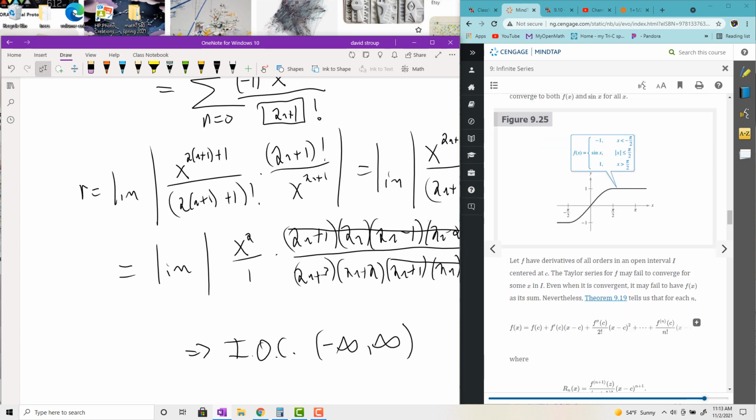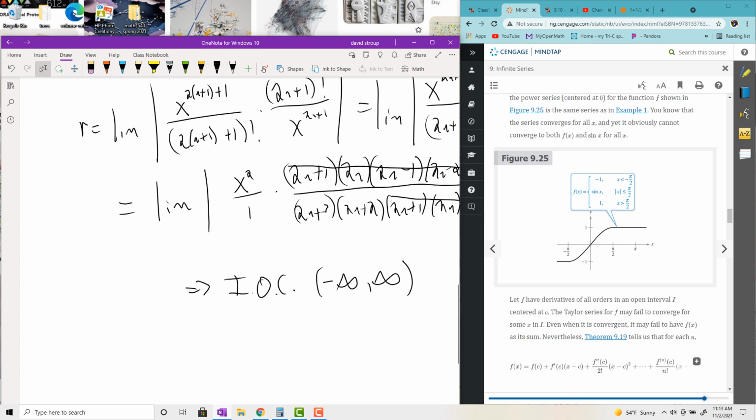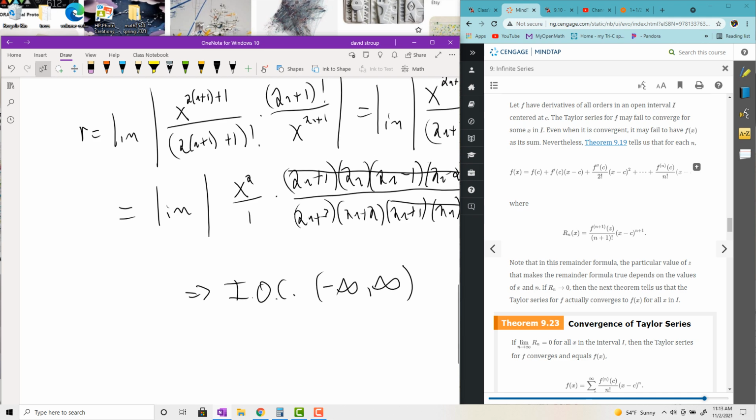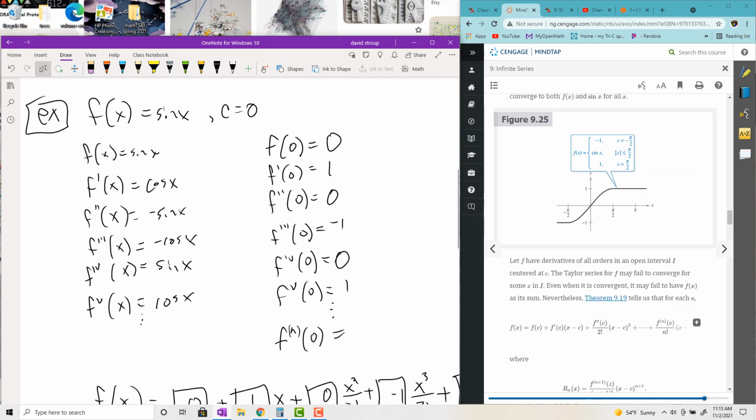Right, so again, in 9.25 there's a warning. These things are representations for the functions. They may not necessarily converge to the function, and it's because of the way we're building these things. If you were looking at the derivative of the piecewise function on the right in figure 9.25 and built the Maclaurin series for it, you're evaluating that function at 0.